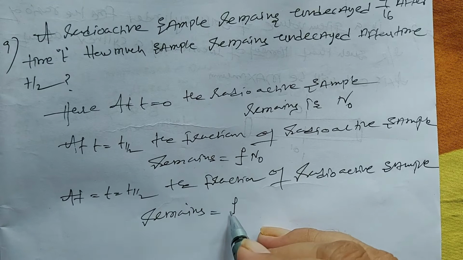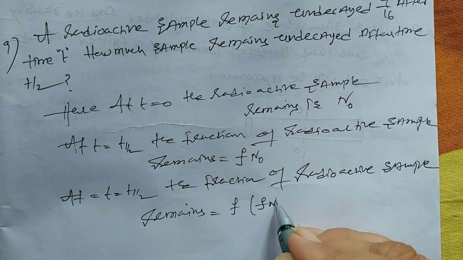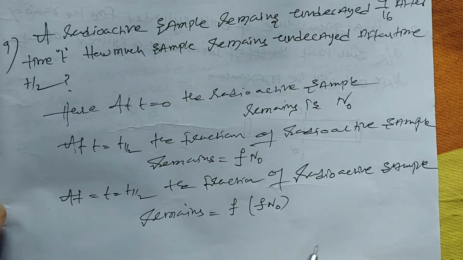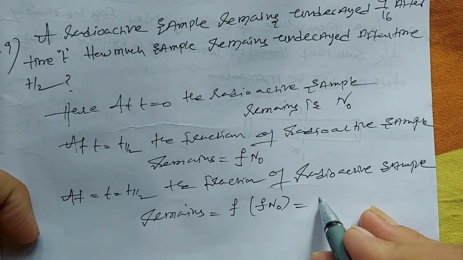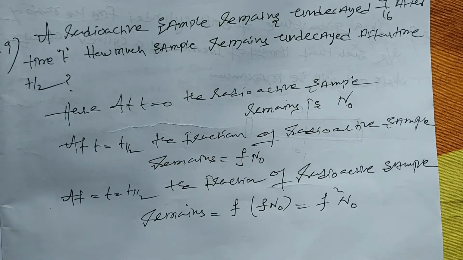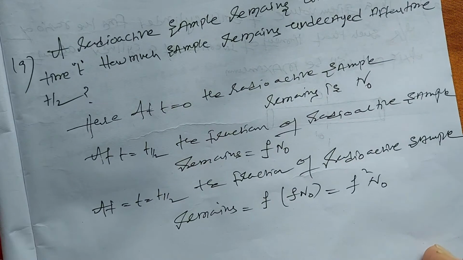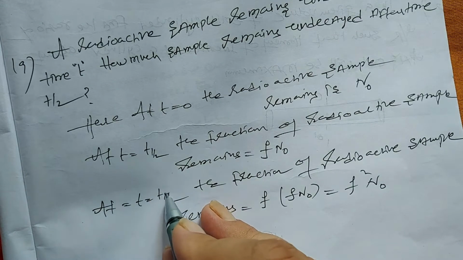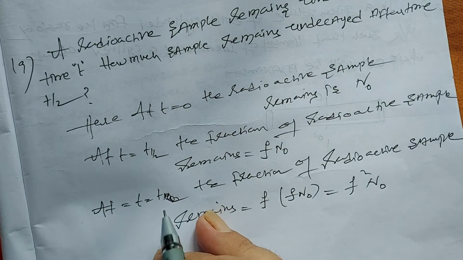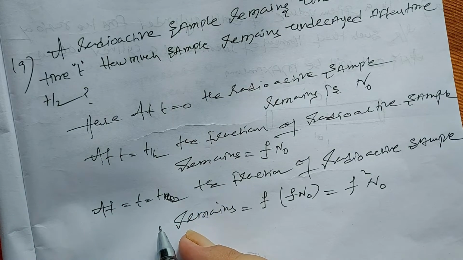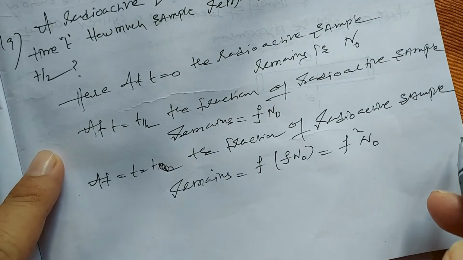That means at t is equal to t, it is f square into N naught. Why? Because in every half time an f fraction of the radioactive sample remains.